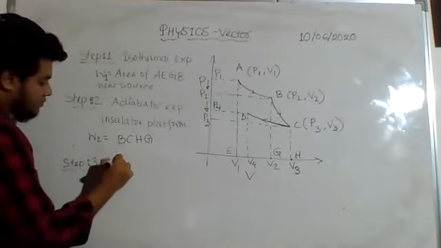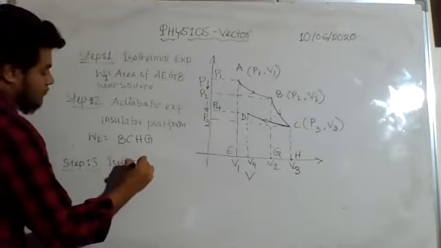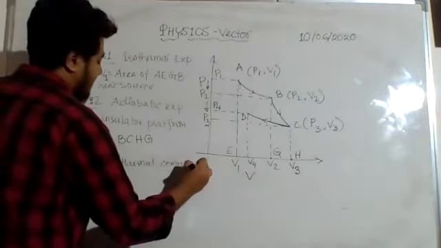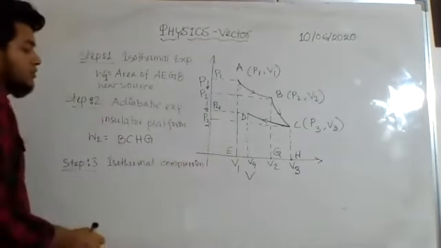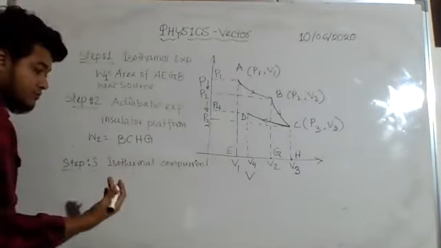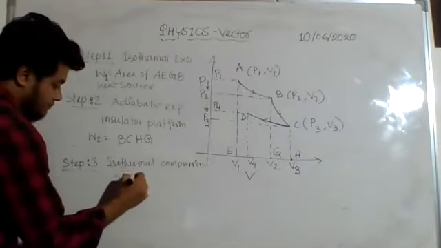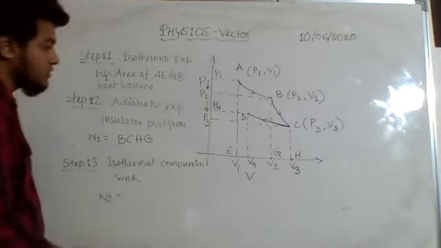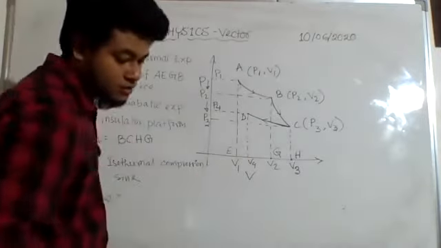Then step 3. It is isothermal compression. So we are putting the cylinder on the sink, and for the work done that is going to take place, we have to give a name to this point.